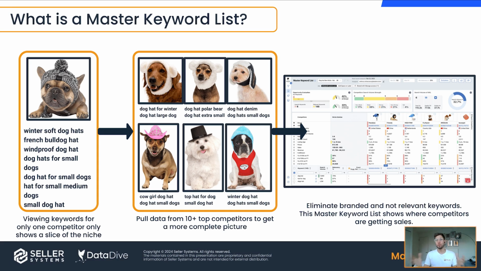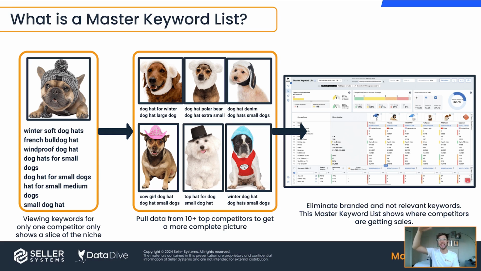Versus if I'm able to pull the keyword list for not just one product, but 10 to 15 products in a niche, it's going to give us a much deeper, much wider list. And that is what's going to be done here inside of our master keyword list.